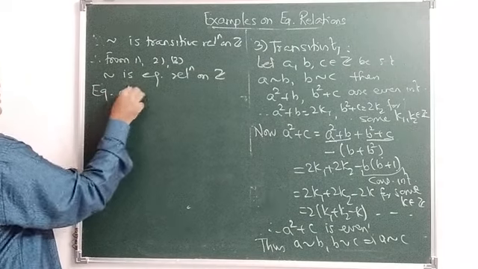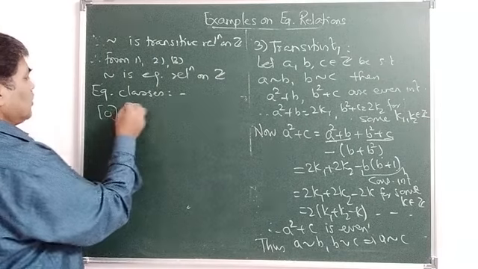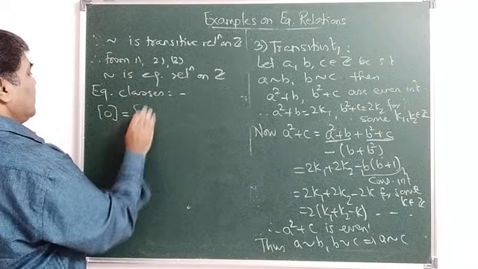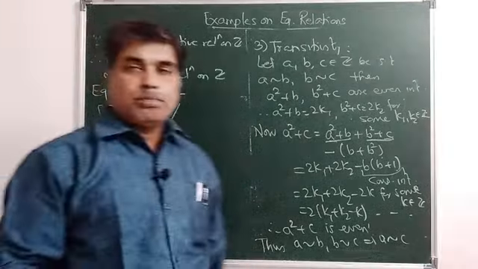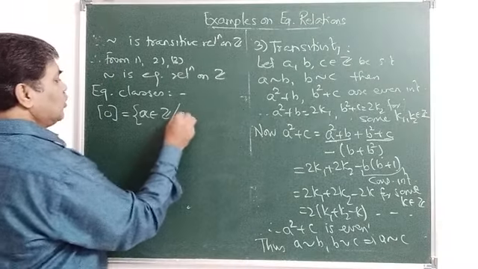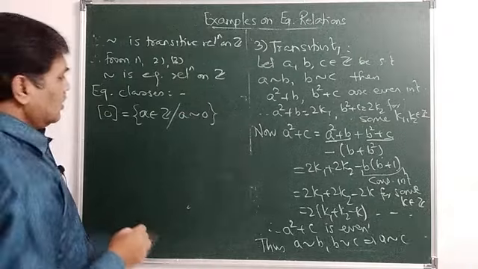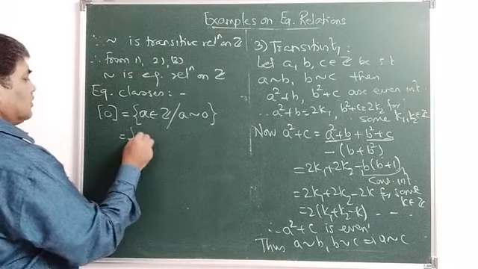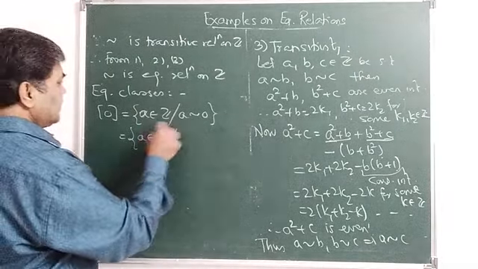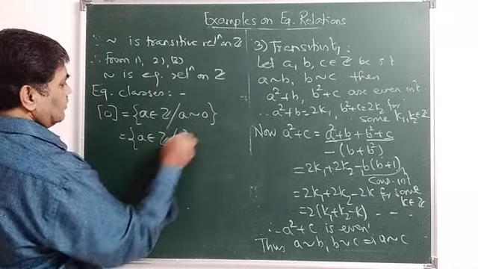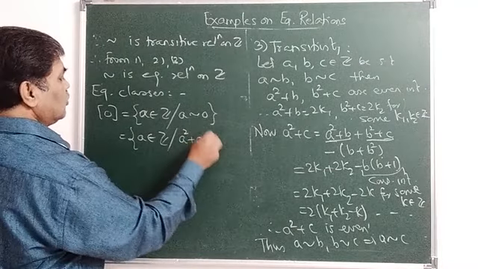Equivalence classes. The equivalence class of 0 is equal to the set of a belongs to Z such that a is related to 0. That means a belongs to Z such that a square plus 0 is an even integer.